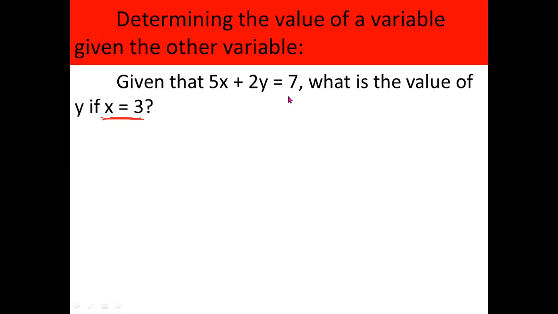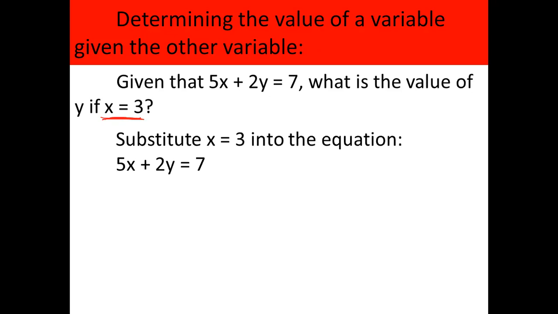So again, we can substitute the value of x, which is 3, into the equation so that we can solve the value of y. Remember, this is the first step. Please try to understand this one, because when we will be solving, this will help you a lot.